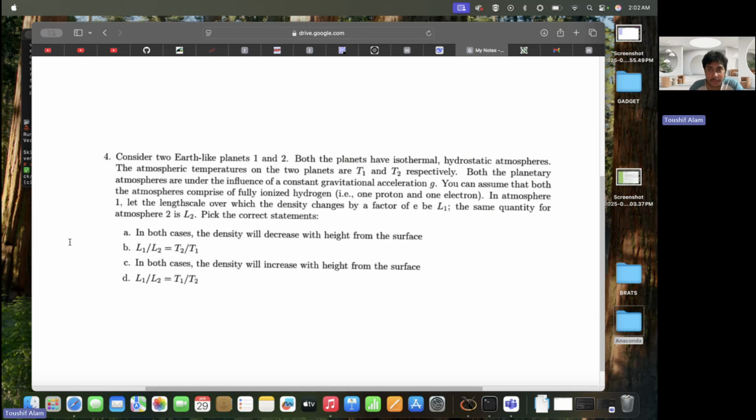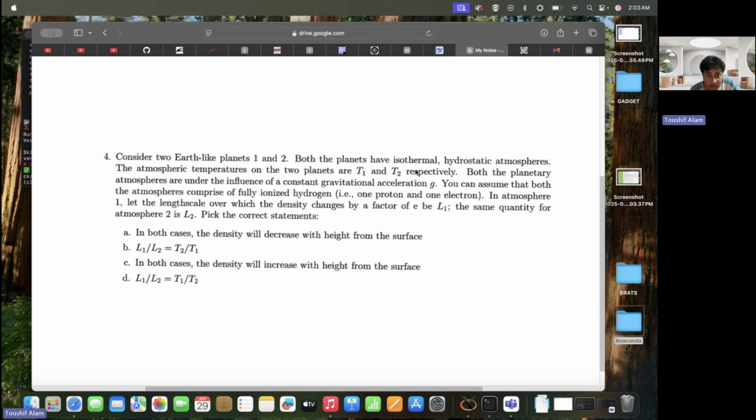From here we'll move on a little faster. The option says that in both cases the density will decrease with height from the surface. Imagine the scenario that the two planets are Earth-like, and the atmospheres are isothermal and in hydrostatic equilibrium, but the temperatures are different.